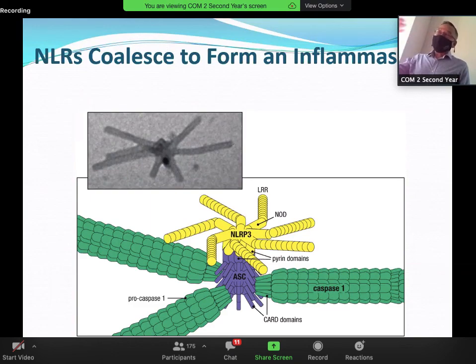So when these nod-like receptors are engaged as a result of the presence of a viral infection, these inflammasomes then cleave or activate the pre-existing IL-1, IL-18 in these macrophages, which can then be released and then activate neutrophils to come into the inflammatory site, activate T cells, B cells, and so on.